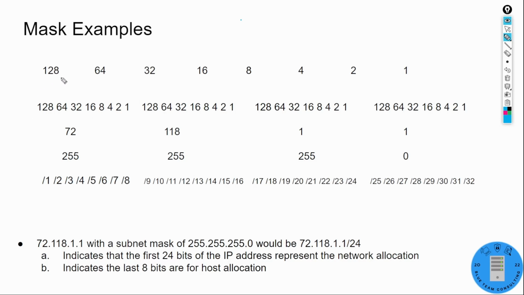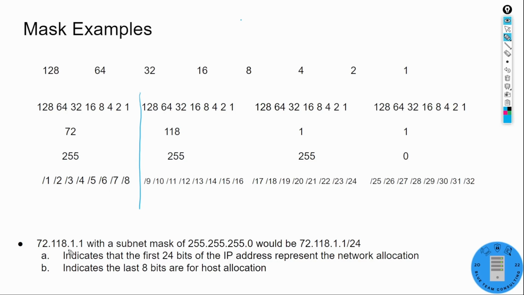So we're going to take the same nomenclature that we've had here for our 8 bits broken out, and we're going to give them to each octet. So if we just draw some lines here, this is octet 1.